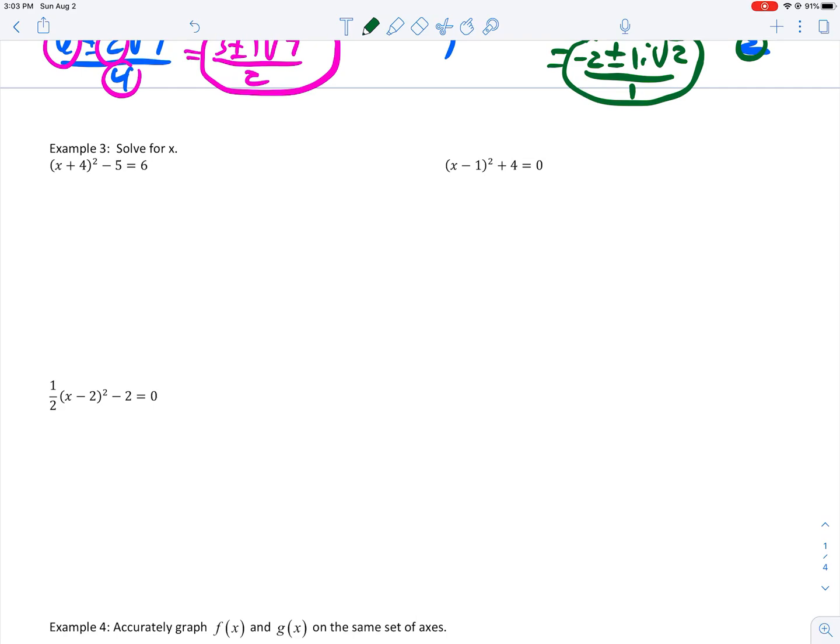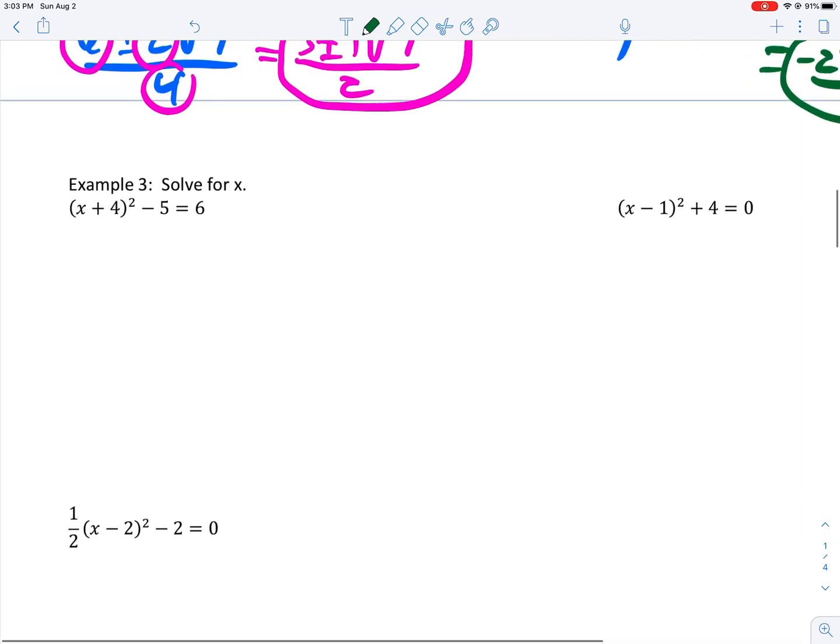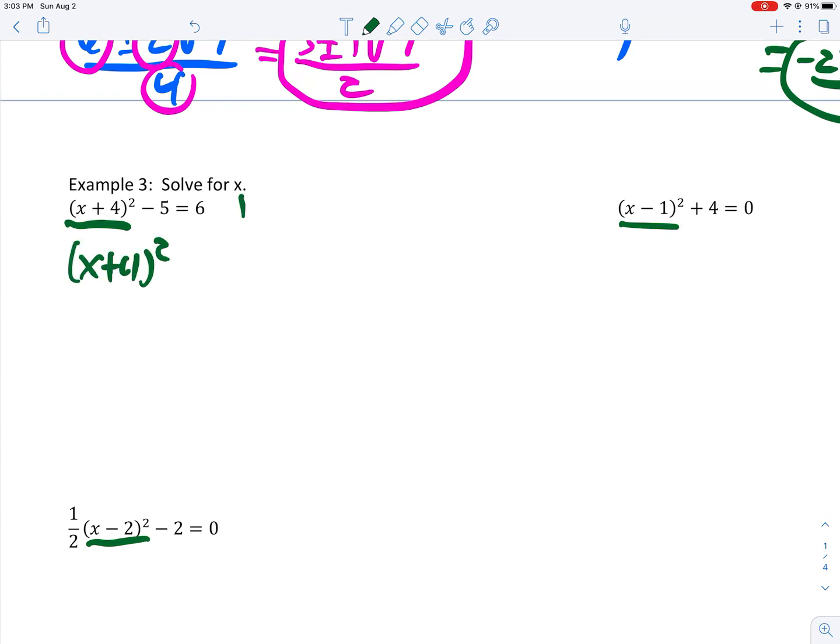So these 3, I'm going to solve differently than the last 4. So all 3 of these, I'm going to get the square part by itself. I'm going to isolate it. And then I'm going to use square roots. So I'm going to add 5 to both sides.